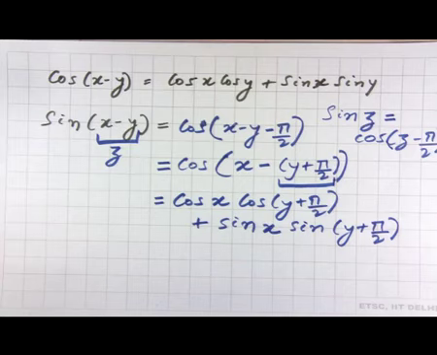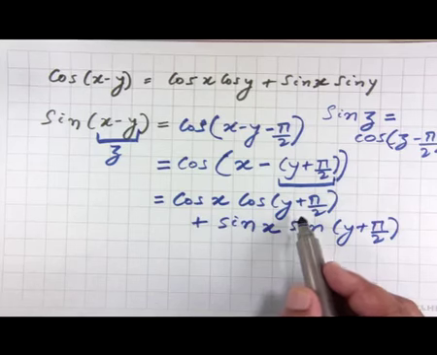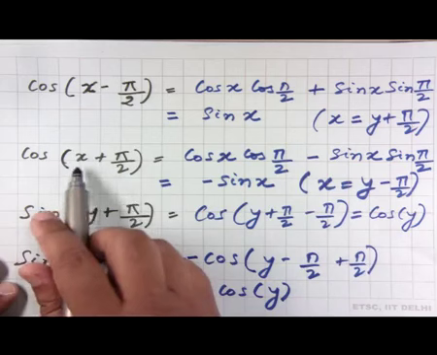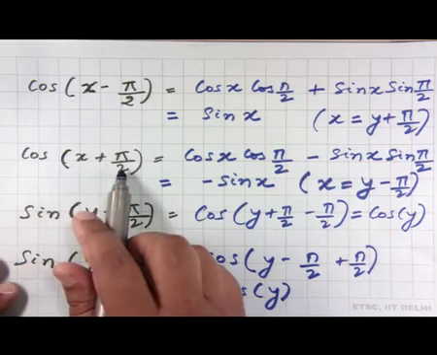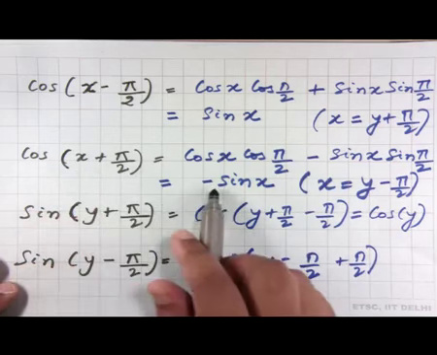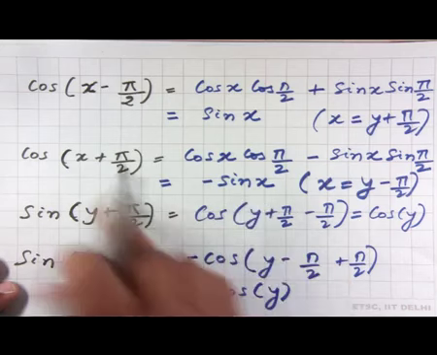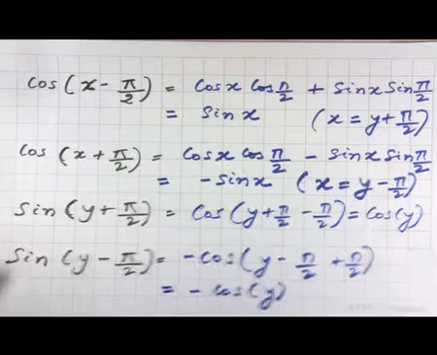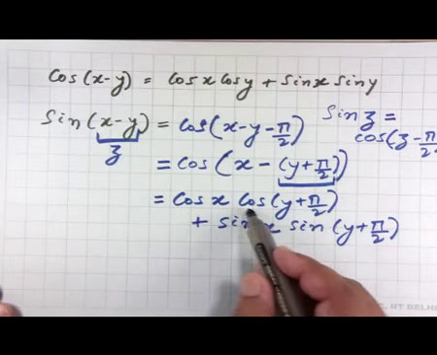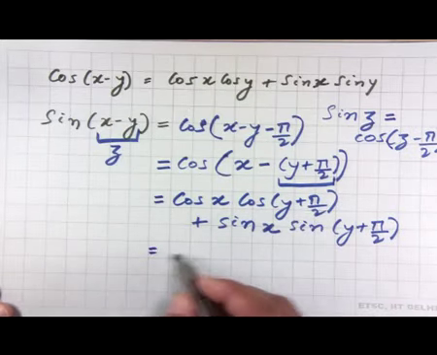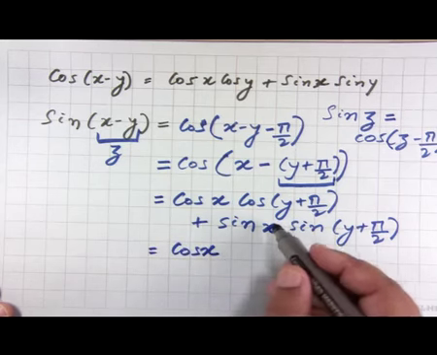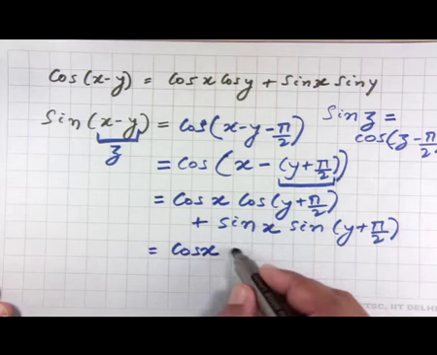Now, from the previous slide we know that cos of y plus pi by 2 is minus sin y. So, I am just going to replace this x over here with y. So, this term here becomes cos x, and then there is a minus sin y.